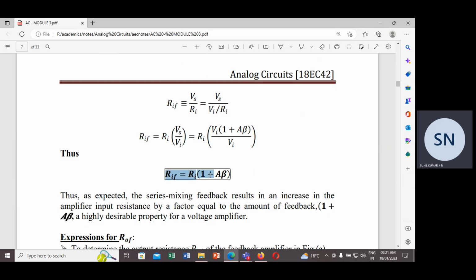This is the input resistance with feedback, which we have already derived, correct? The day before yesterday I did this derivation. So the input resistance with feedback is increased by a factor of 1 plus A beta, since it is a series configuration at the input side.